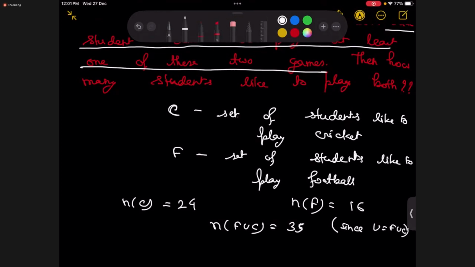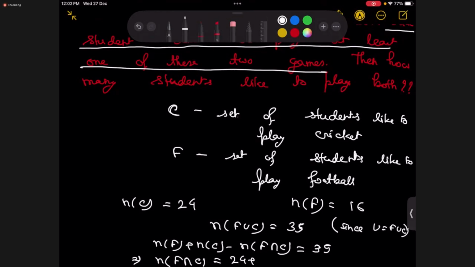Now use the formula. N of F union C is N of F plus N of C minus N of F intersection C, which equals 35. This implies N of F intersection C equals 24 plus 16 minus 35, which equals 5.